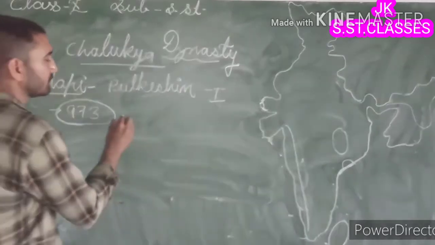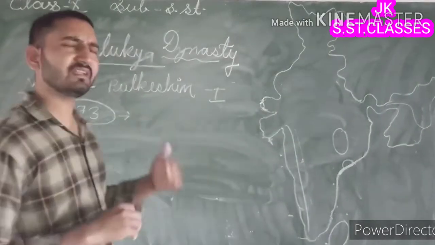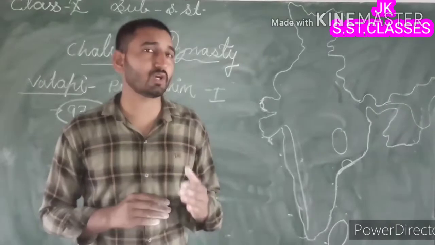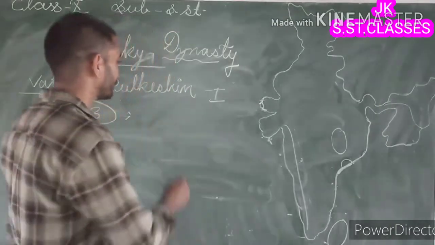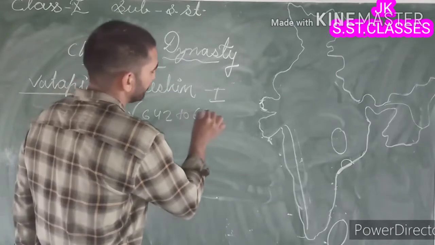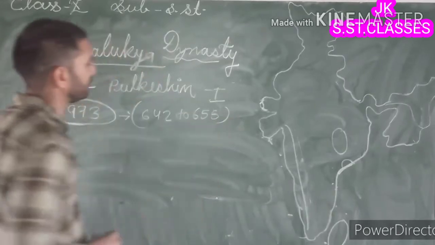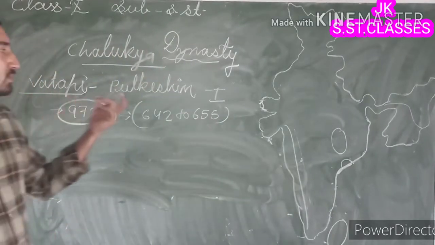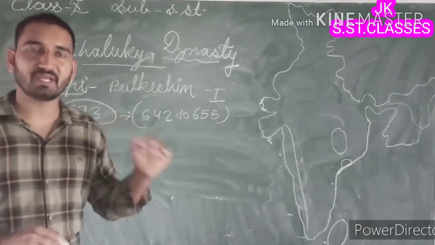There was an interruption of 13 years, from 642 to 655, when the region of Vatapi was under the control of Pallavas.